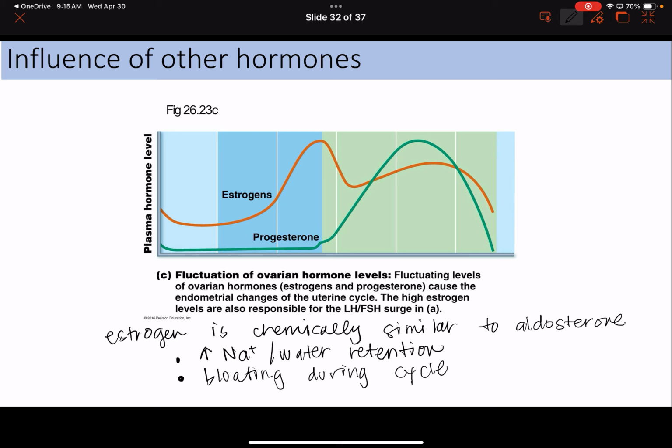Only one of the follicles that are ready to ovulate are going to be able to survive that drop in FSH, and that's our dominant follicle. And that's going to happen right around here. And when that dominant follicle is chosen, it produces lots and lots of estrogen. That's going to cause a surge in a hormone. What is the hormone that we experience the surge in? LH. And that LH surge is directly responsible for ovulation.